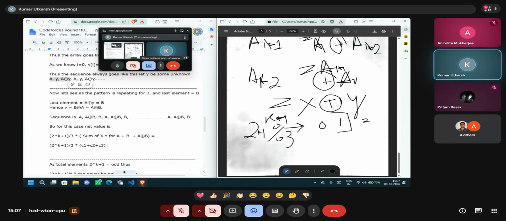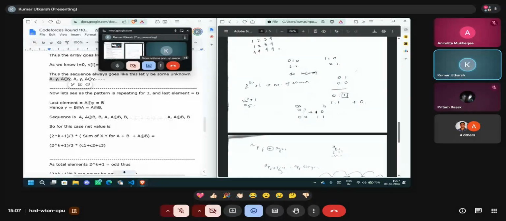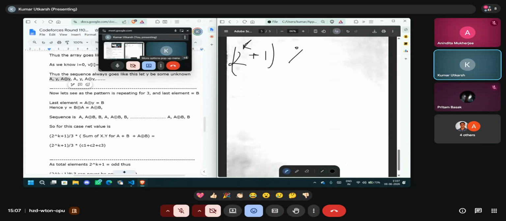Think, can we have a value of 1? If you think, you will get to know that if we have 2 to the power k plus 1 elements, these many elements are here, and we take a mod of 3, it will never have a value of 1.